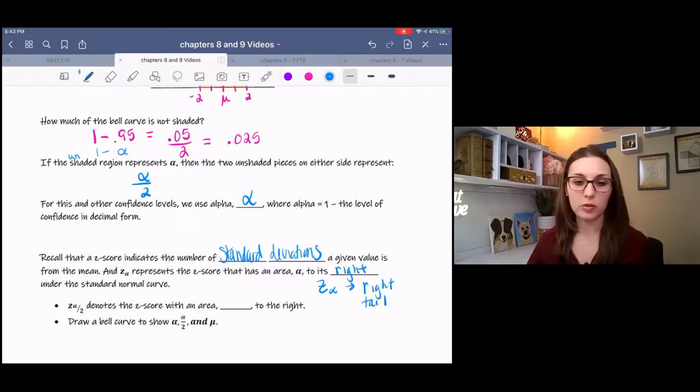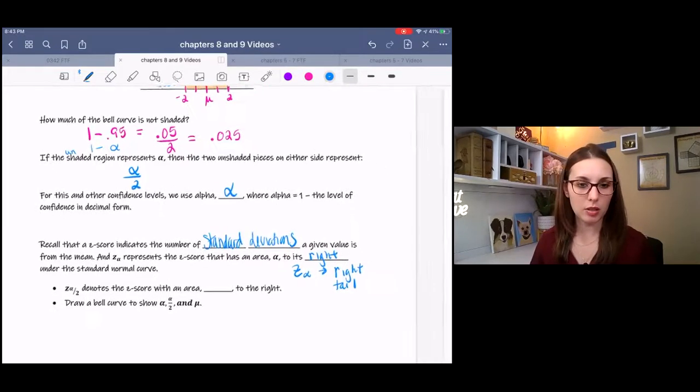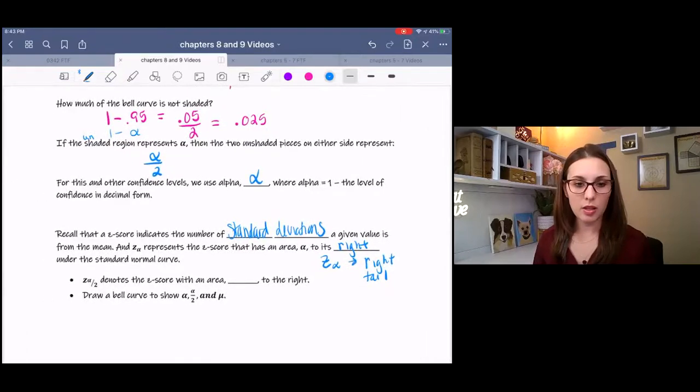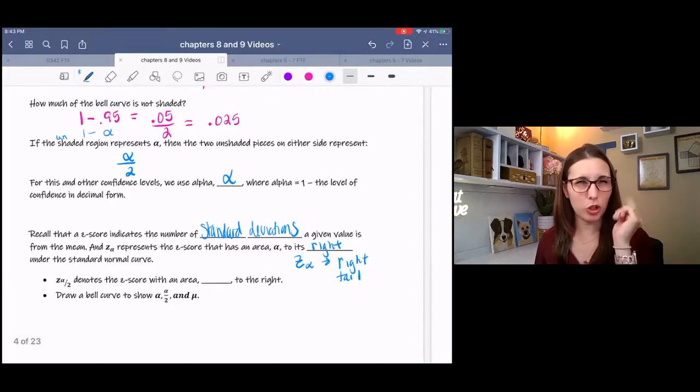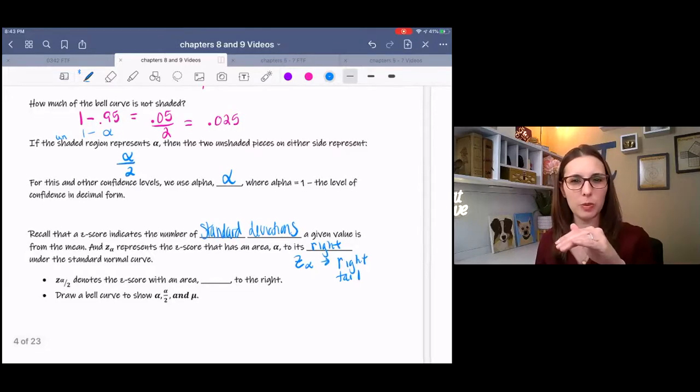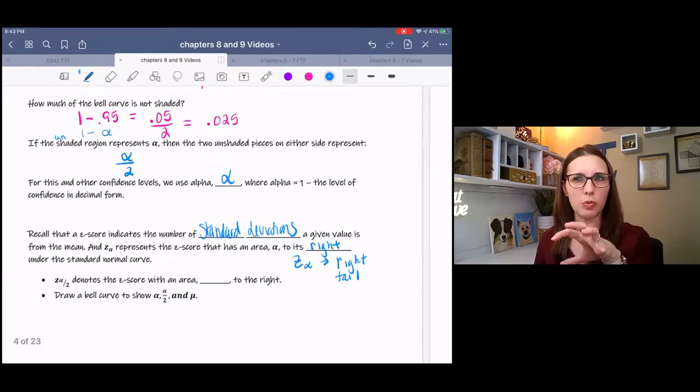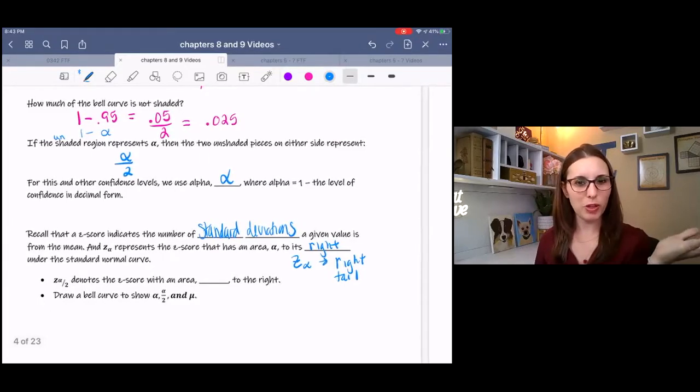When we talked about the standard normal curve, the areas in the z table were the areas to the left, but z sub alpha represented the right tail.